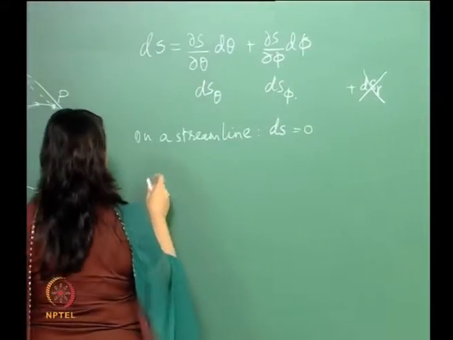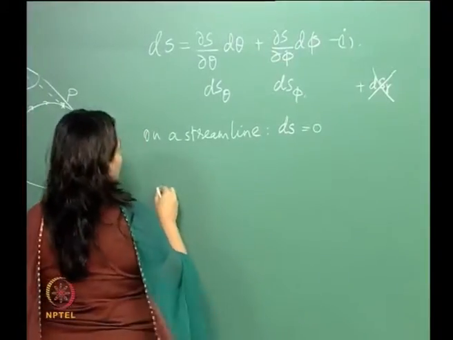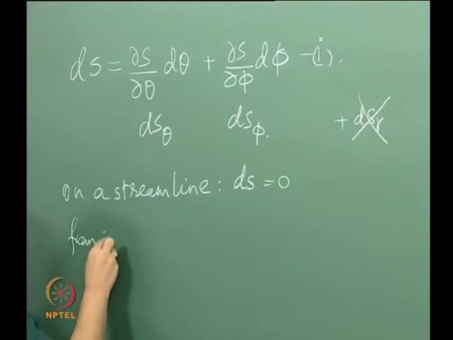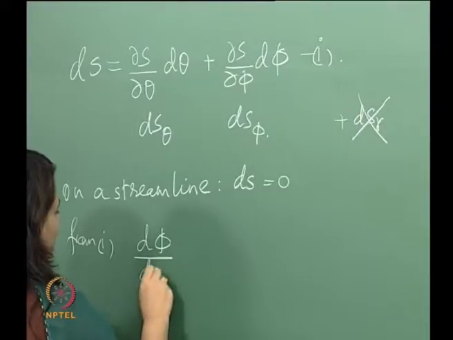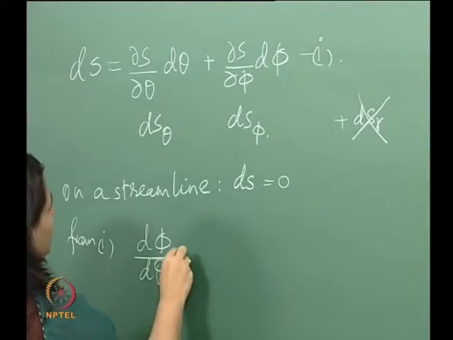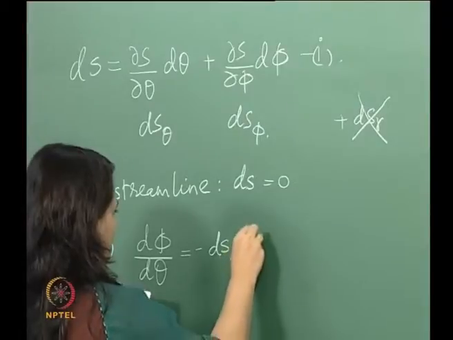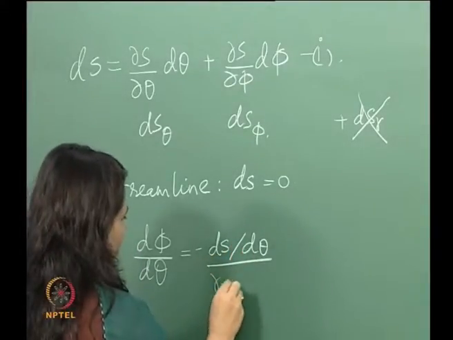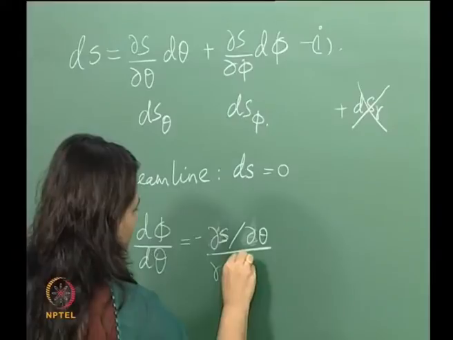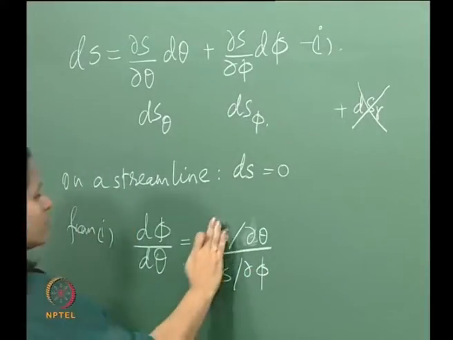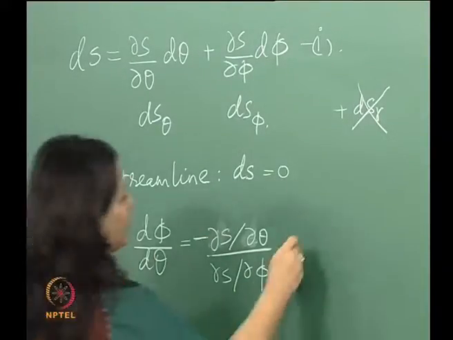Therefore, from this expression, which I will call 1, we get d phi by d theta, which is equal to the following. Let me call this 2.